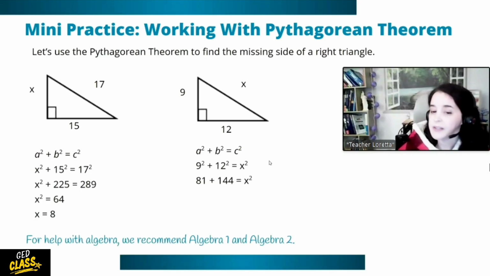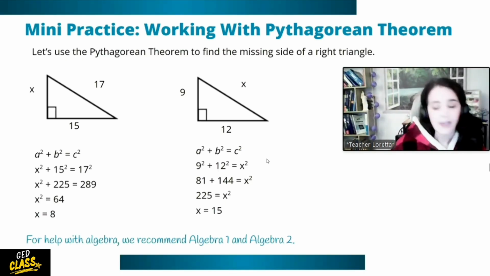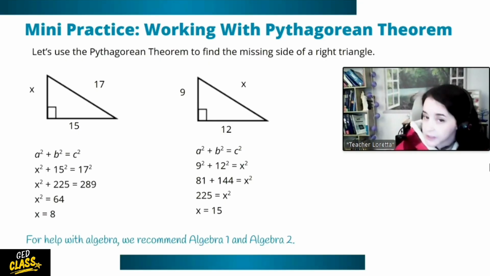Then we say 9 squared is 81 and 12 squared is 144. We add the 81 and the 144 and we get 225. Then we say, hey, what's the square root of 225? And we'll say that x is 15. So notice that x is 15. It's not any other number. It just is 15. The answer is 15, right? So x squared is 225, but x itself is 15, right?